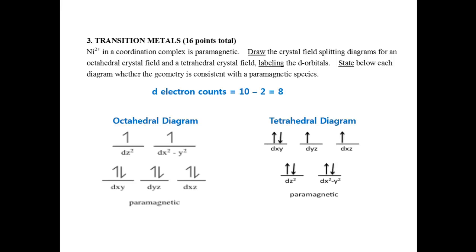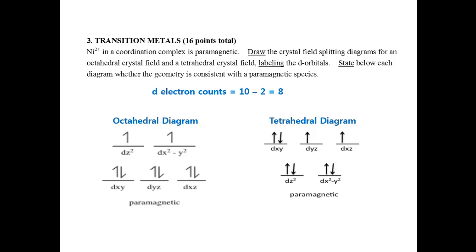Now the final question. You're asked to draw a crystal field splitting diagram for an octahedral crystal field and a tetrahedral crystal field. The net d electron count is 8, and for the octahedral system you have 6 electrons in the T2G set and 2 electrons on the EG set.